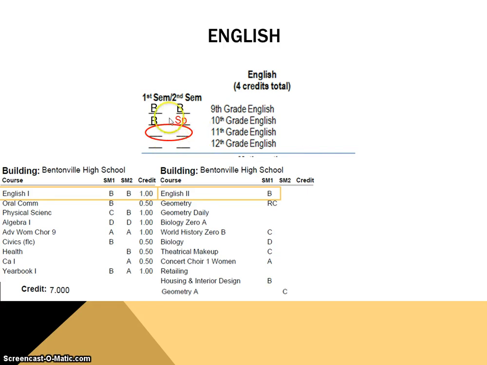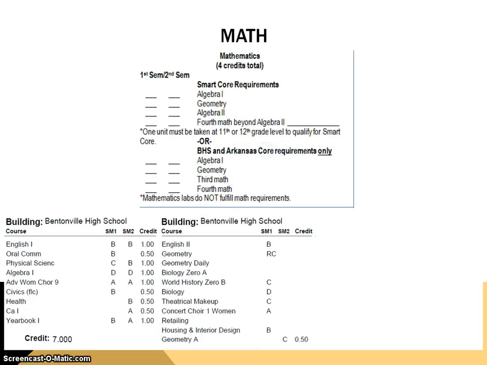Next year, the student will need to complete 11th grade English, and then the following year, 12th grade English. So this student has 1.5 credits of English currently, is working on their half credit to make that 2 credits, and then still has 2 credits remaining.